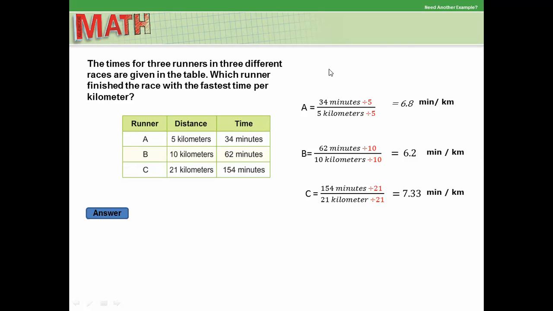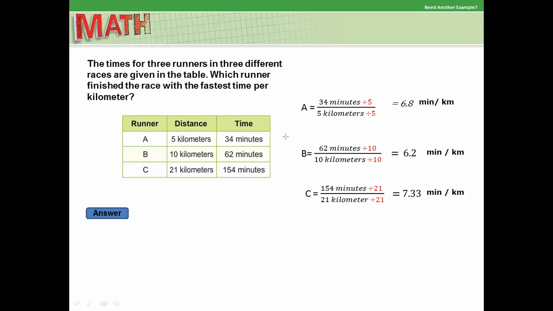So here you can see the first one covered each kilometer in 6.8 minutes. And here 6.2 minutes per kilometer and 7.33 minutes per kilometer.